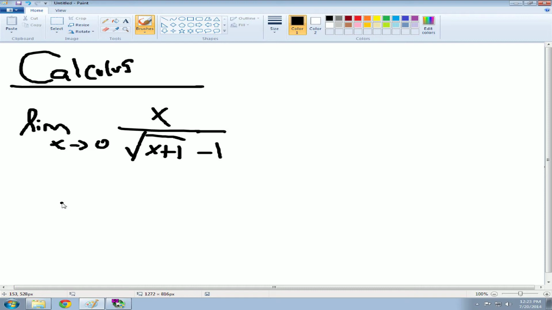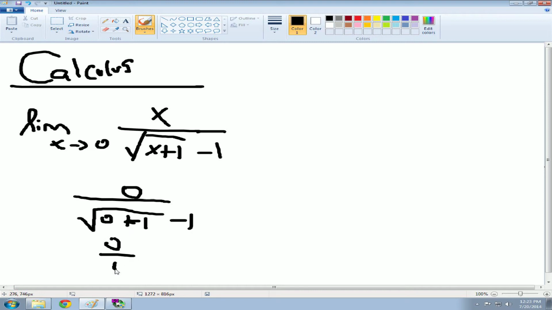So if you try to plug in the normal way, you say, okay, 0 over square root of 0 plus 1 minus 1. You get 0 over 0. And of course, this does not exist. But we're going to do limits to try and find the number that should be there if it did exist.